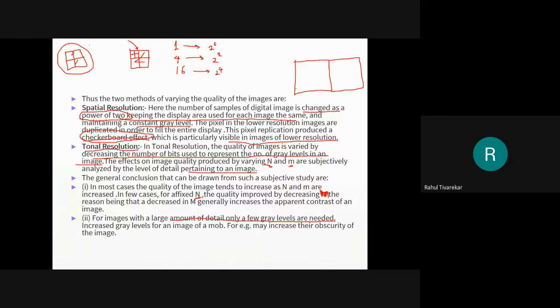The example for this is, suppose you are showing a very crowded area of a market. Imagine the scene. You are representing a crowded area of a market in black and white, or with a grayscale image. Grayscale means there are no other colors. So if we use a very small number of intensity levels, that image will look better.